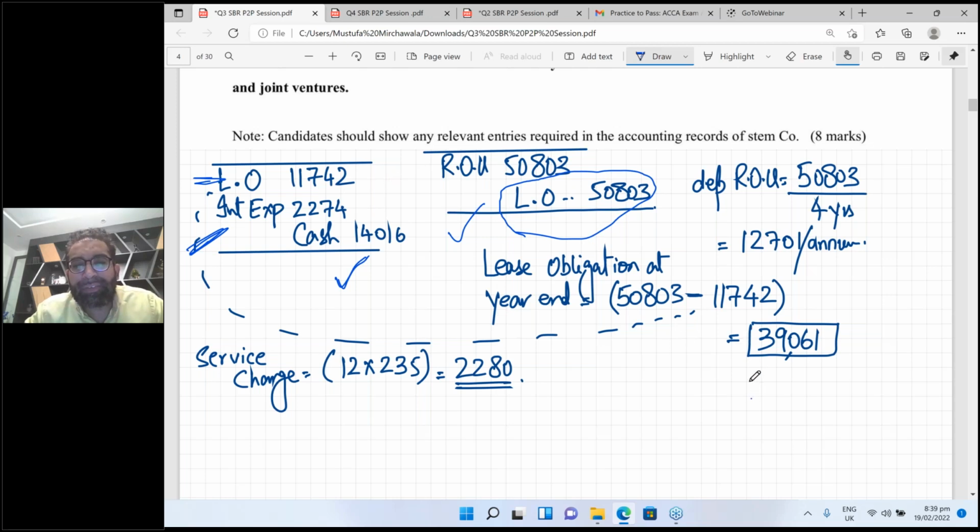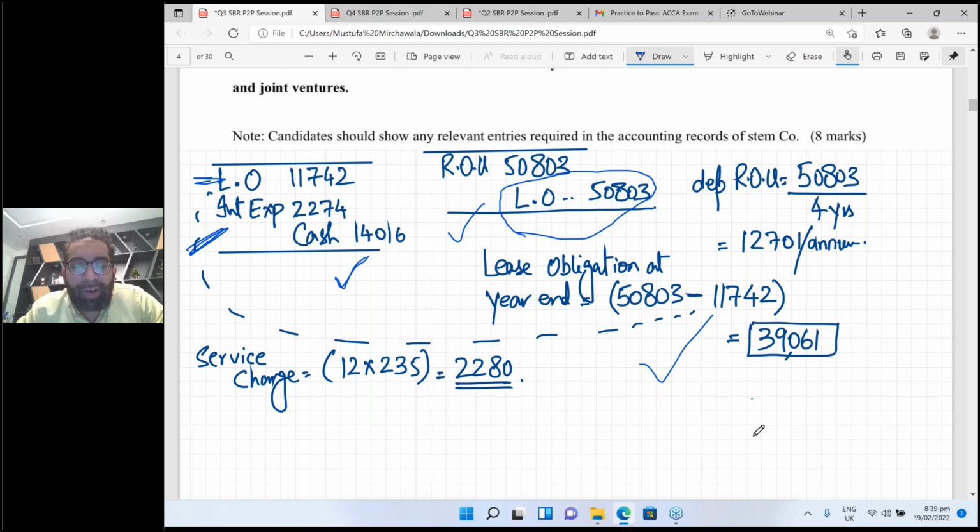So at the end of the year, your lease obligation will be 50803 minus 11742, so this will be 39061. Okay, so almost the whole story is here.